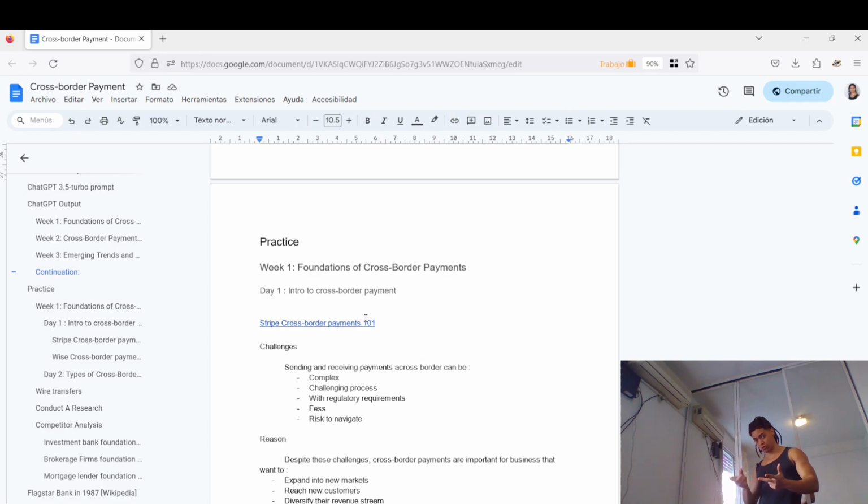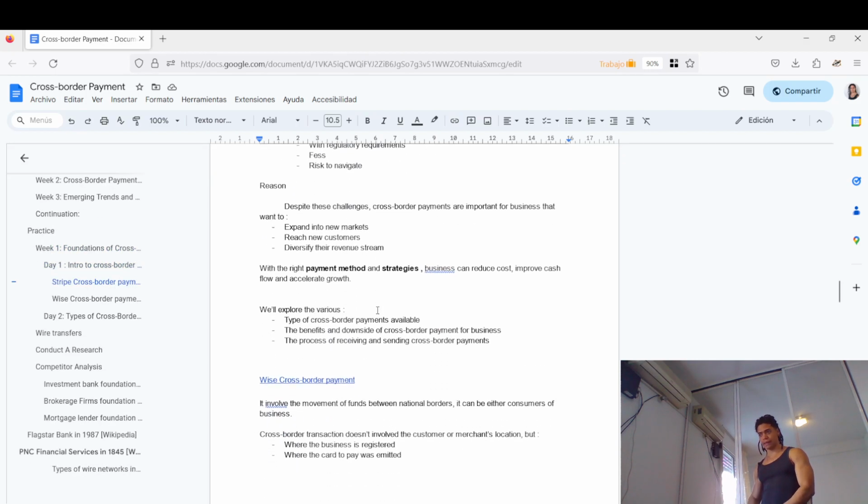You have to know the regulatory framework, meaning the risks you need to navigate, as well as the hidden fees they might charge you. In my case, I do that as a business too. Businesses see cross-border payments as a way to reach new customers, improve cash flow, and accelerate growth. Very, very important.